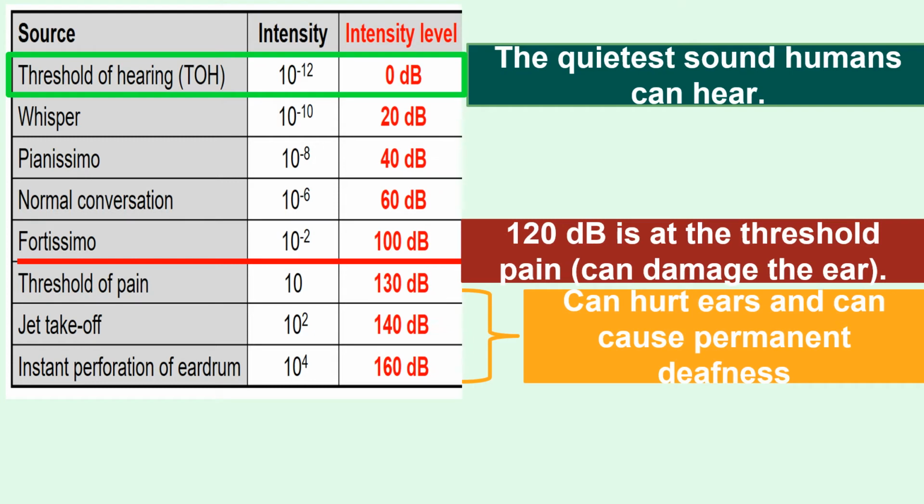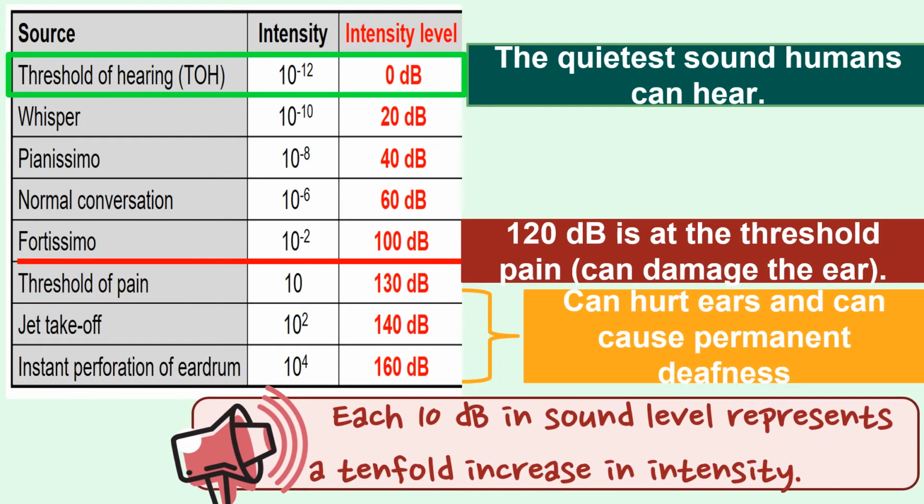If we hear 130 decibels or more than 120, our ears can be hurt and it will cause permanent deafness. Take note that each 10 decibel increase per level represents a tenfold increase in intensity.